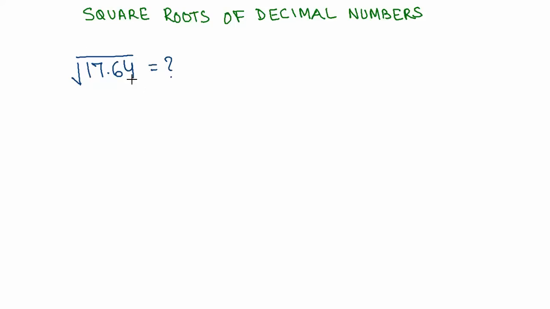Now we will use the long division method with a little change, and the change is how we group or pair the numbers before and after the decimal. So let us follow the method. We'll say 17.64. Now all you do is group your numbers before and after the decimal.